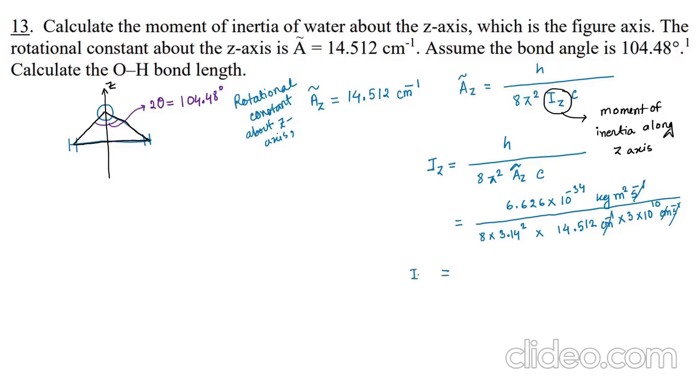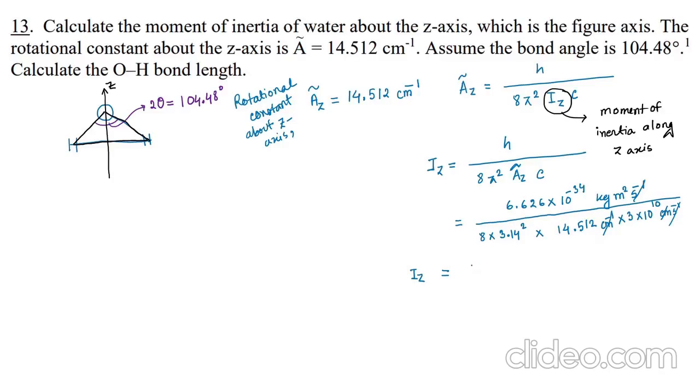So I'm going to get Iz as 6.626 into 10 to the power minus 34 divided by 8 divided by 3.14 square divided by 14.512 divided by 3 divided by 10 to the power 10.